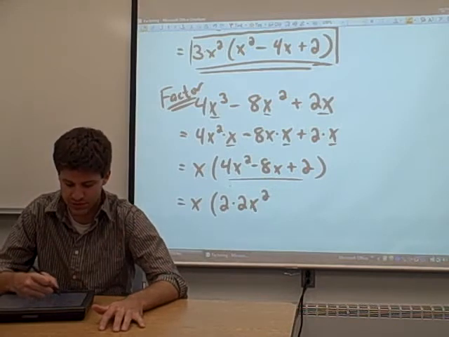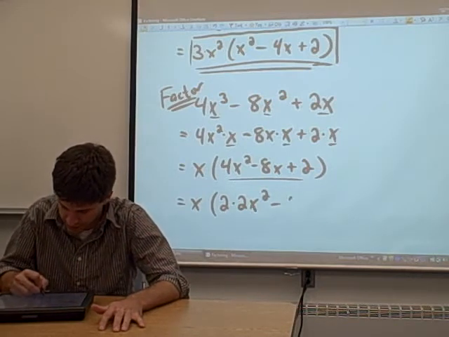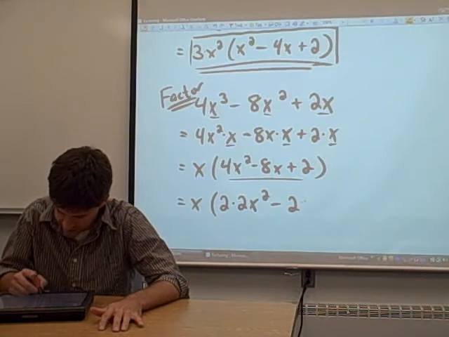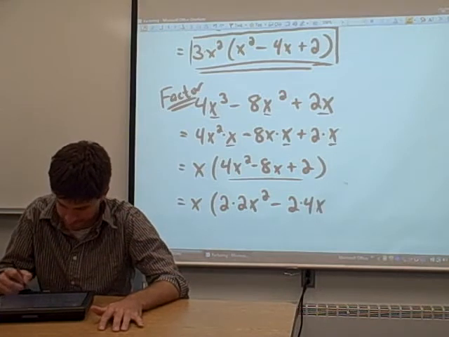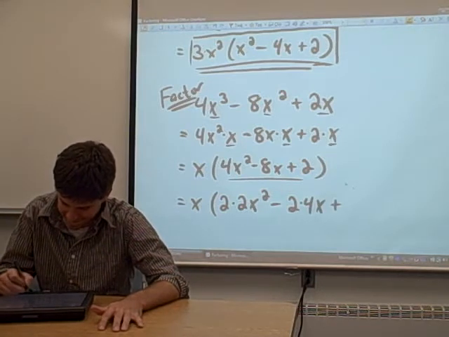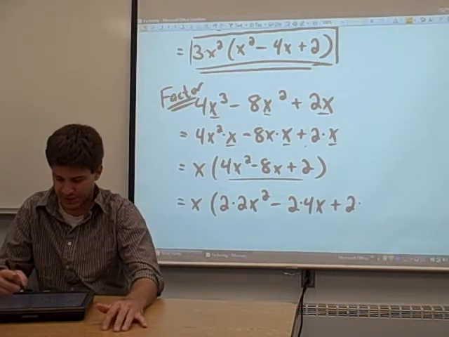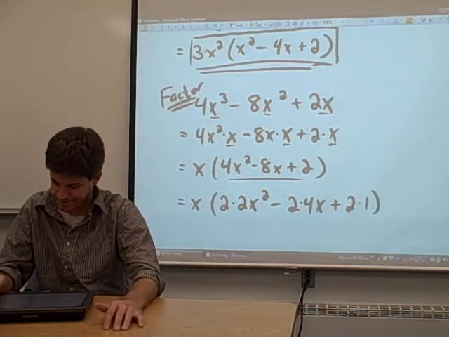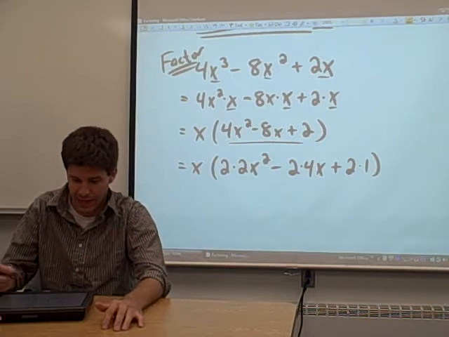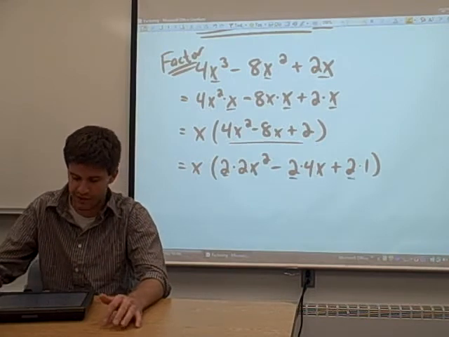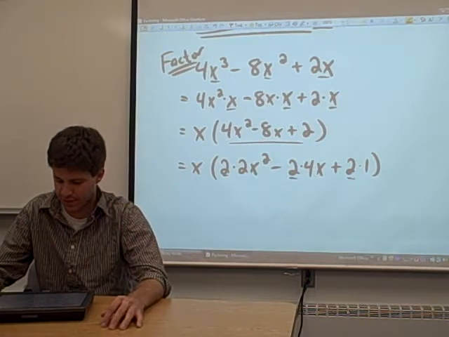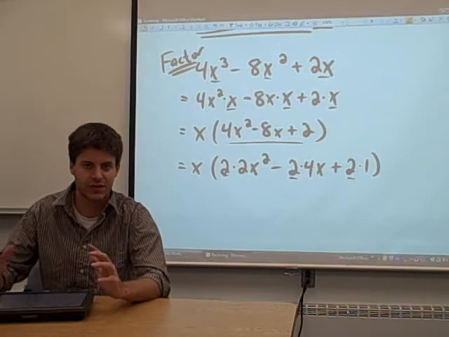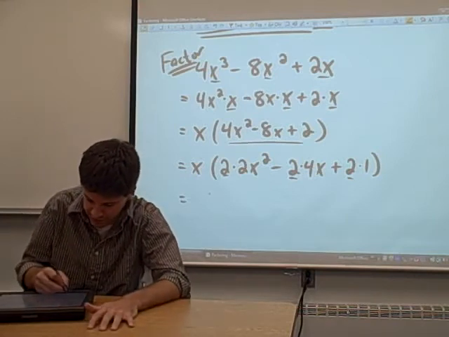2 times 2 is 4, so we just rewrote this term. If I pull a 2 out of an 8, I get a 2 times 4. And if I pull a 2 out of a 2, then I just end up with 2 times 1. Now, since we've pulled a 2 out of each one of these terms, it looks like we can pull that 2 out of the trinomial, out of the parentheses.